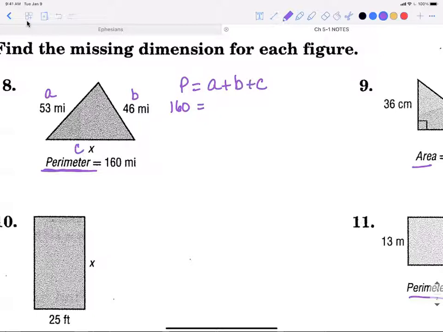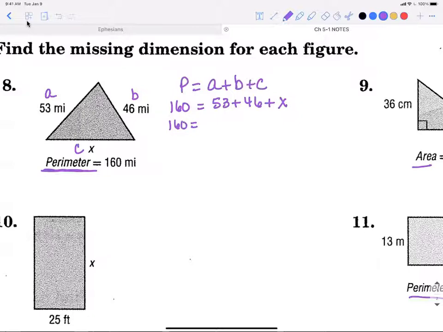Well, that means that we know that A is 53 plus 46. Well, we don't know C, or X. It doesn't matter what you call it. They call it X on the drawing, so you can put X or C. I don't care. Now we use what we learned in last chapter to solve for X. So we've got 160. We've got to combine that 53 and that 46 together, right?